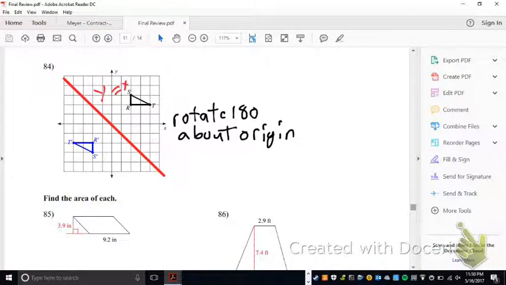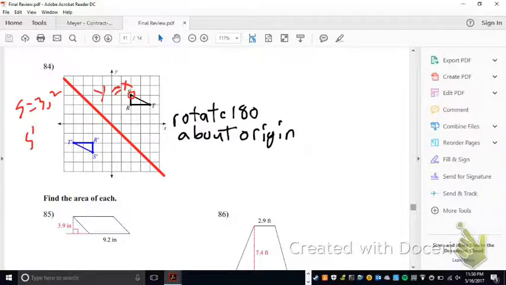Remember, when we reflect over the line y equals -x, we take the point. Let's pick S because it'll work better. So we know that S equals 3, 2. When we reflect over the line y equals -x, we switch both the positions and the positive/negative values of these.